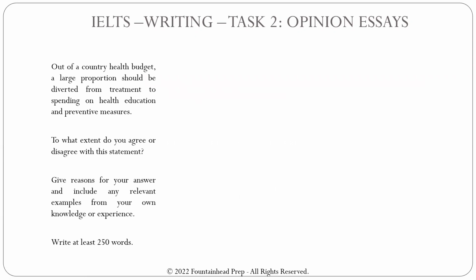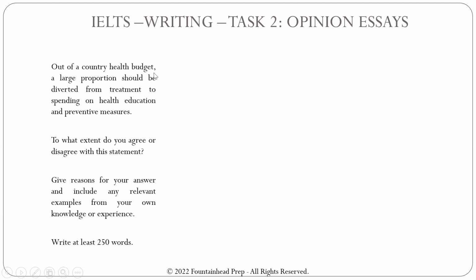Now we are going to do this question, and I'm going to show you absolutely step by step so that you understand. Out of a country's health budget, a large proportion should be diverted from treatment to spending on health education and preventive measures. You will read it 2 to 3 times to understand the key points.